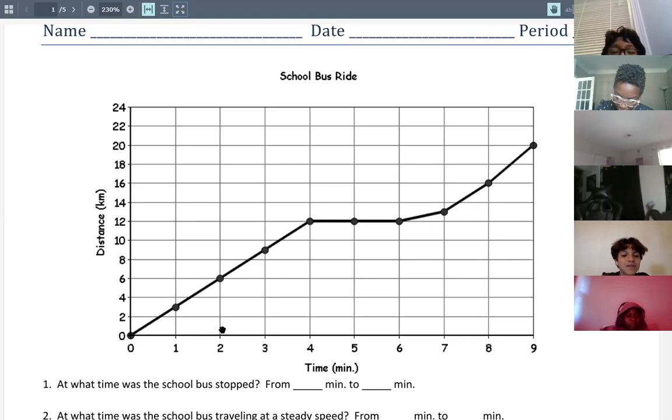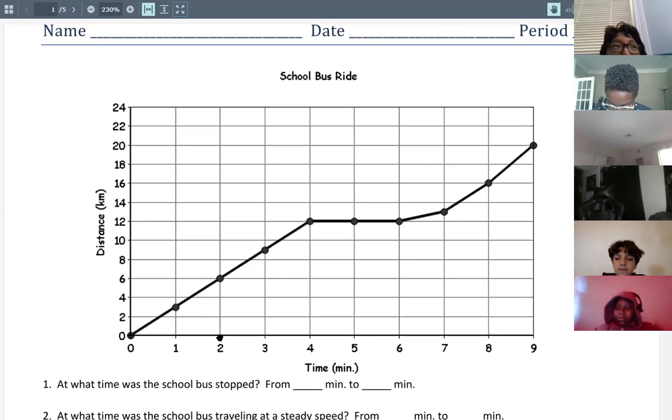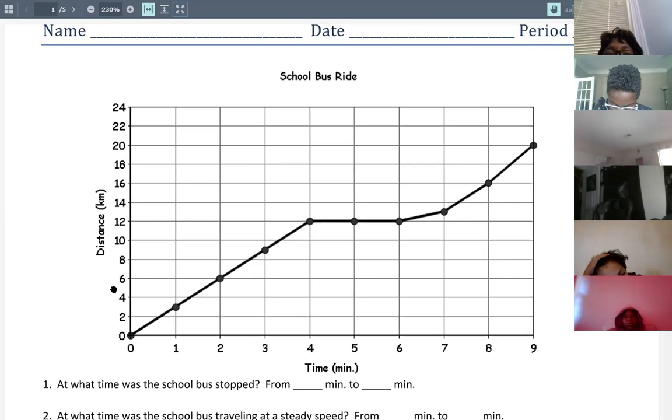It has traveled 6 kilometers. Very nice. So I came over to 2 minutes right here, and I went up to where the dot is. And if I go over, that tells me I traveled 6 kilometers. Everyone see how we did that? Or anyone not see how we did that? I guess I should ask it that way.